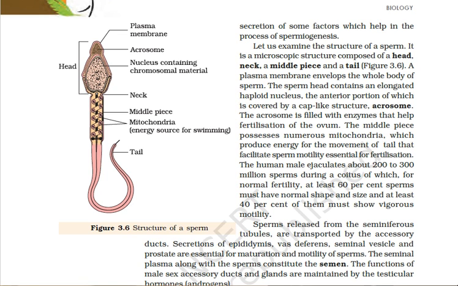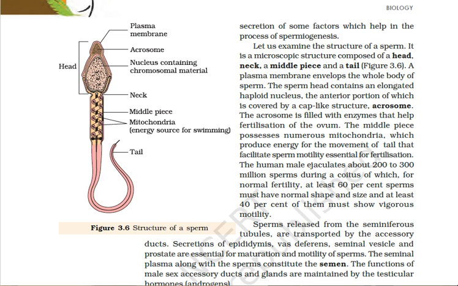Acrosome contains the enzyme hyaluronidase, or sperm lysin, which helps in dissolving the wall of the ovum during fertilization. The neck bears the centrioles mainly, and therefore helps in the formation of the tail. The middle piece contains mitochondria which provide ATP, and the tail provides motility to the spermatozoa.